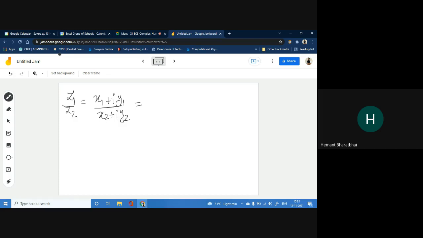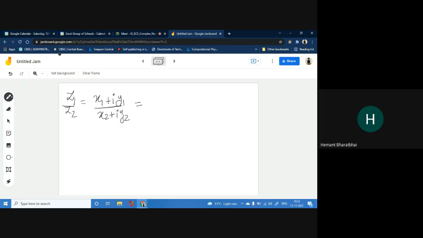If you remember in your lower standards, when you used to simplify the surds, that is the irrational numbers, we used to always keep in mind that there should not be any square root in the denominator. If there used to be any square root in the denominator, we used to rationalize it. So the same thing we are going to do here also.